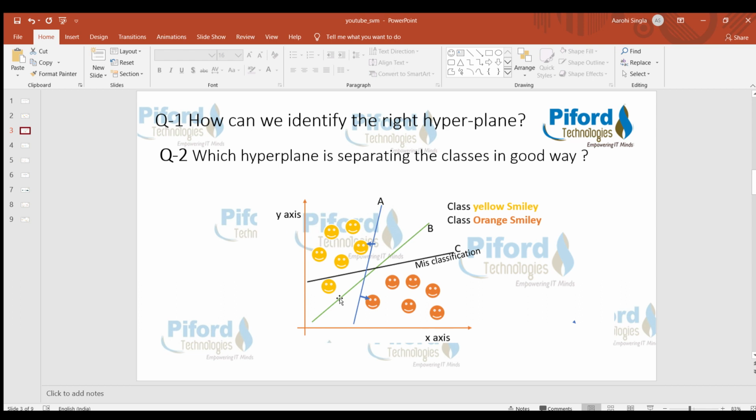Both these closest points have the maximum distance from the line. That means this green line is the right hyperplane over here. And how have we chosen this? By simply calculating the distance between the closest points and all the hyperplanes.